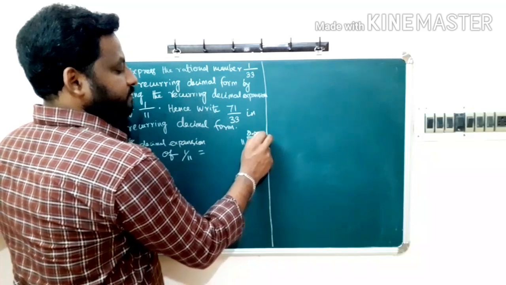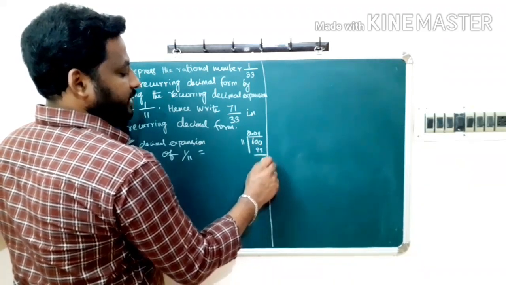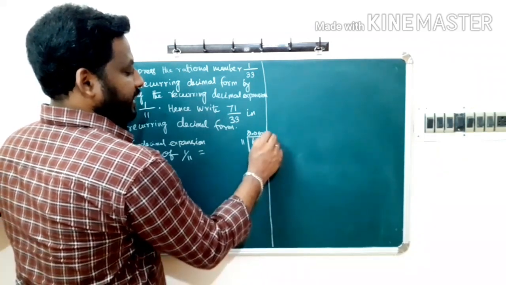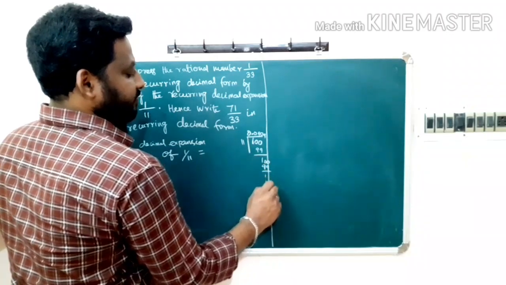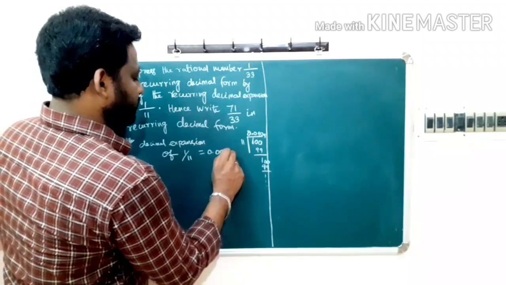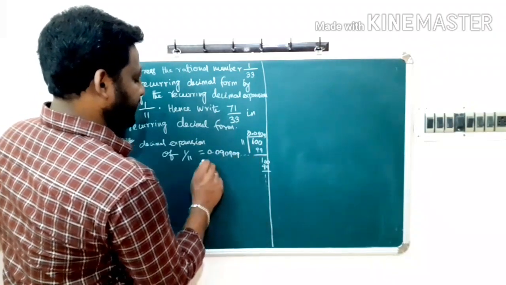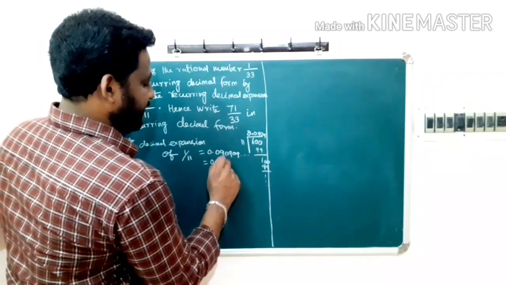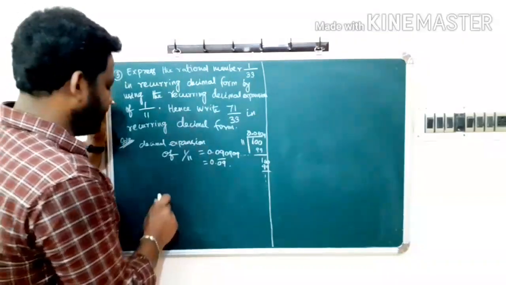So 9 11s are 99. Again 1, the same, we add another 0. 9 9s are 99, the same as following. That means 0.090909 is repeating. This should be written as 0.09 bar.